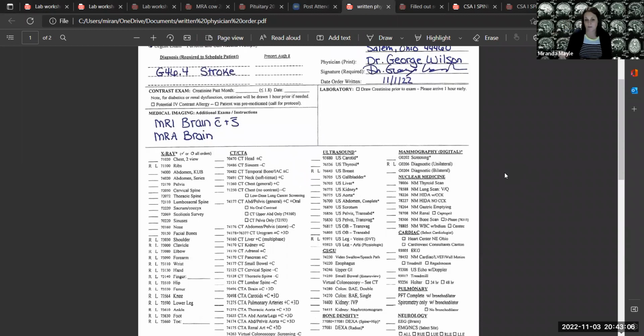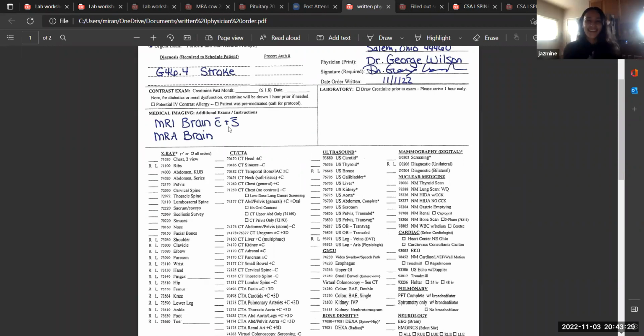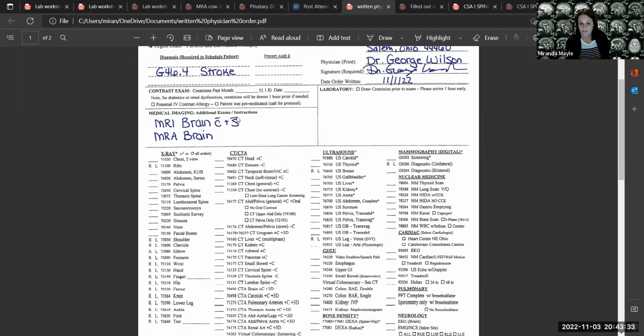So this one here, we have an MRI of the brain. What do those little symbols mean? Anybody know? Contrast. What about contrast? Is it with? One with contrast. Yes. So you're going to see this written like this all the time. This is a C with a line over it, and this is an S with a line over it.